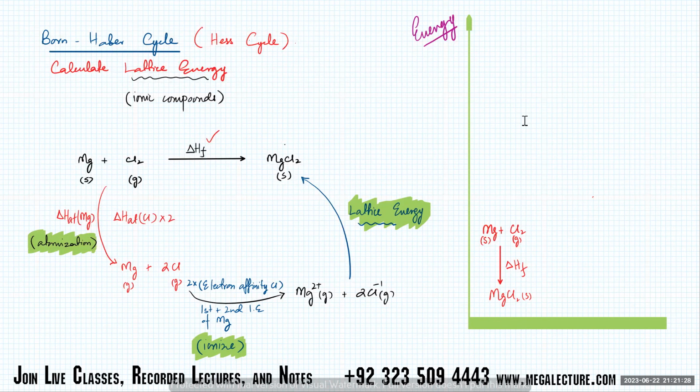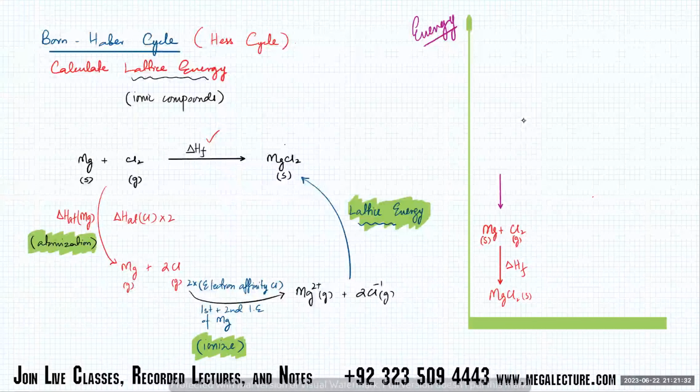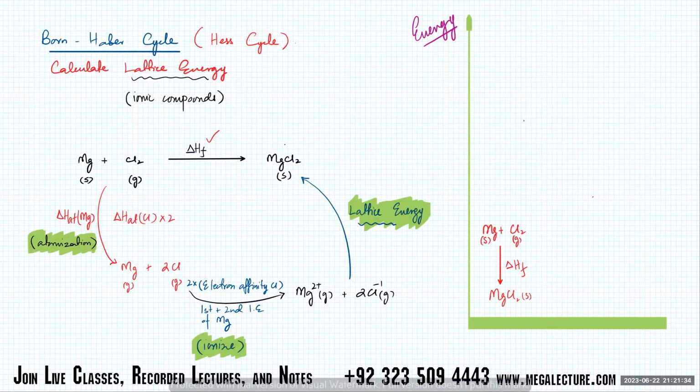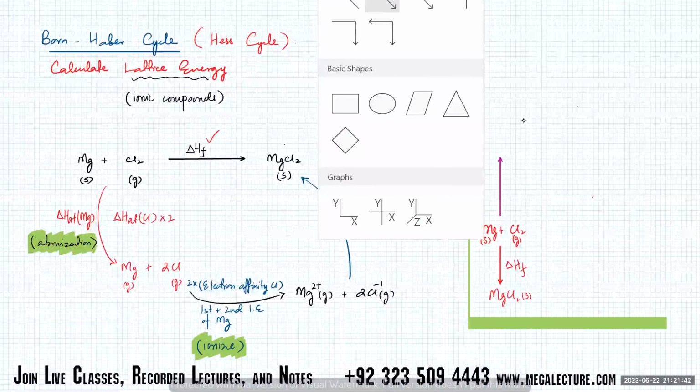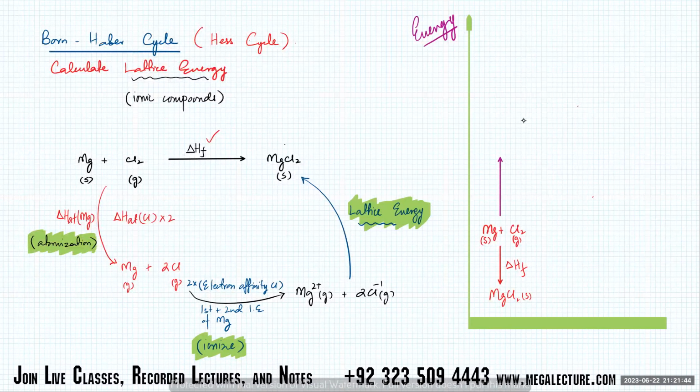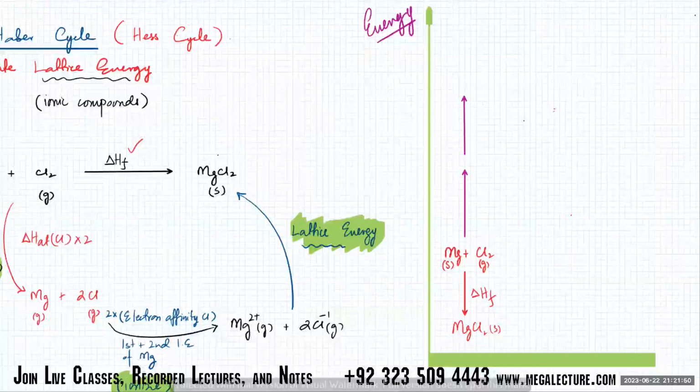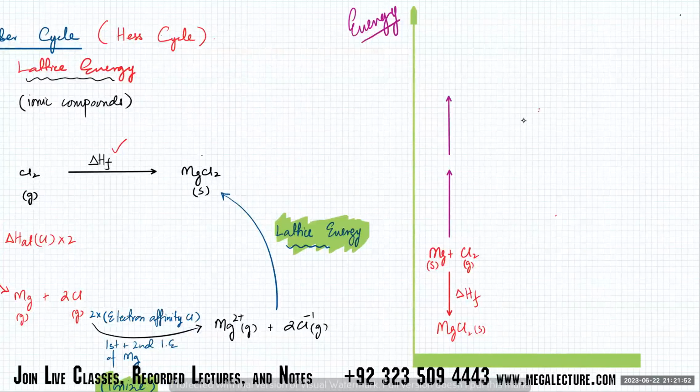So the arrow has to go upwards. So this is the step where I atomize. I'm going to atomize Mg, gaseous.